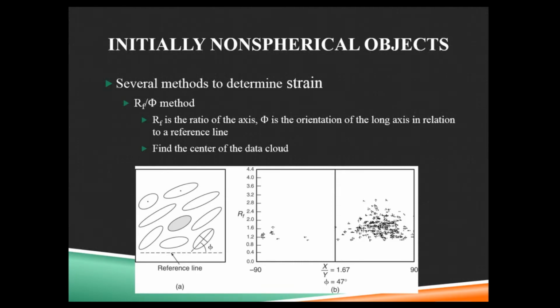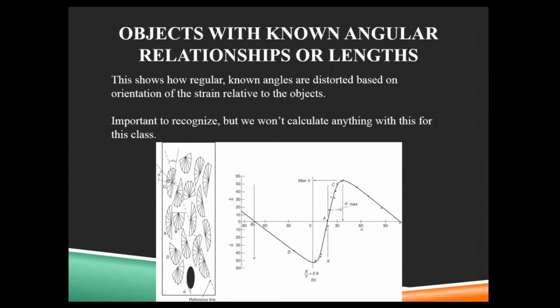Again, we don't ever do this, but you might see this in publications, and so it's about the strain ellipse. This kind of thing is good for something that has a whole bunch of fossils, and different ones are different orientations, for example. Fossils can be great ways to determine the strain that has happened.